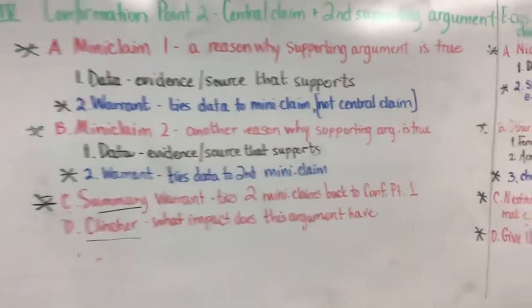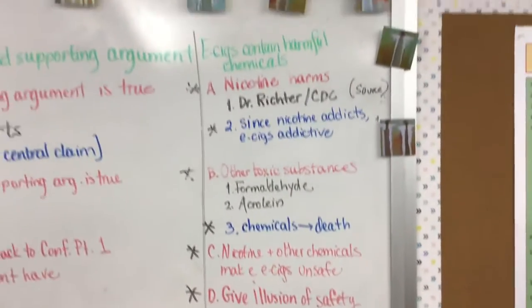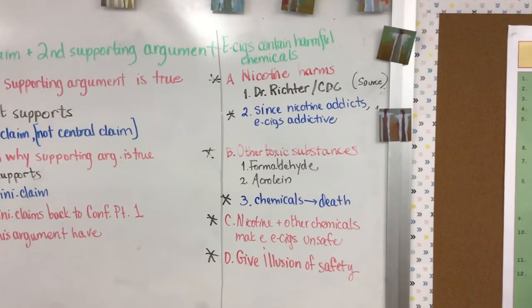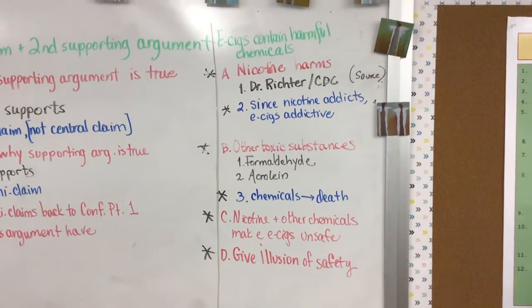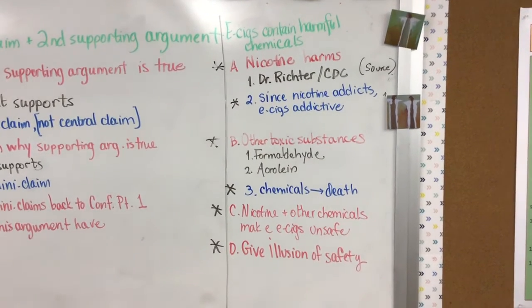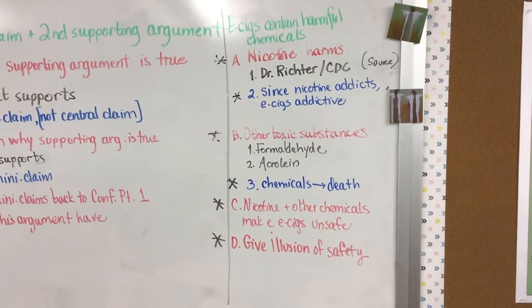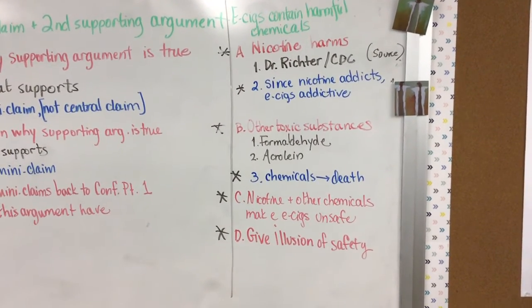I also showed them up here that I did a little outline. So this kind of went through right there in green is her confirmation point sentence. And then in red, A and B are her two mini claims. In black is the data. And in blue is the warrants.